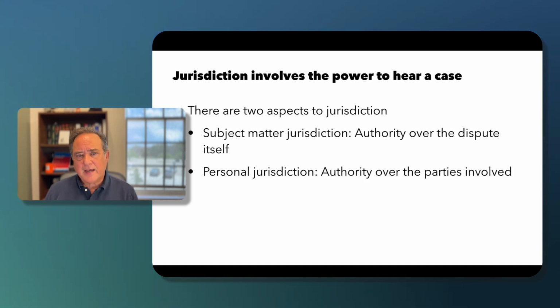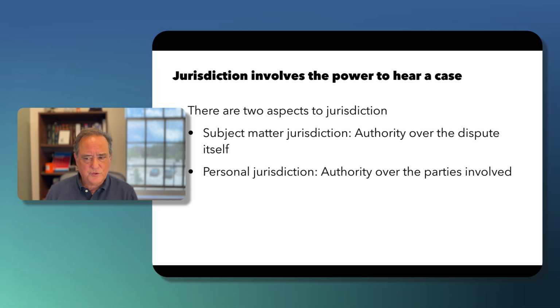Now, the other type of jurisdiction is what we refer to as personal jurisdiction, which is authority over the parties that are involved in the case. Subject matter jurisdiction, personal jurisdiction, both must be satisfied in order for the court to issue any ruling in the case.